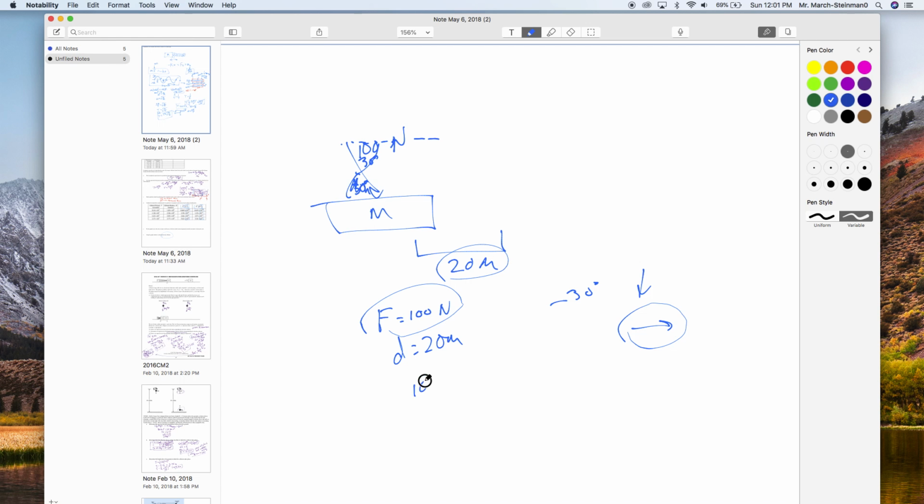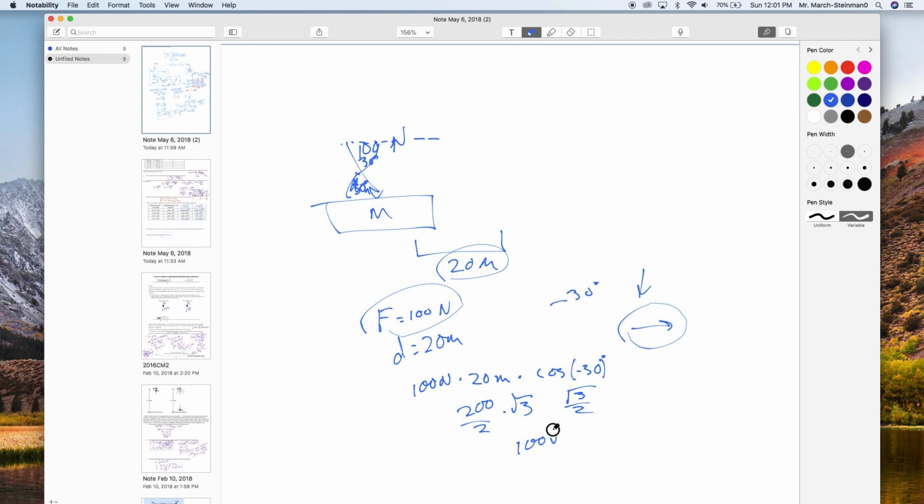I have 100 newtons times 20 meters times the cosine of negative 30, which is root 3 over 2. So in this case, I end up getting 200 over 2 times root 3.